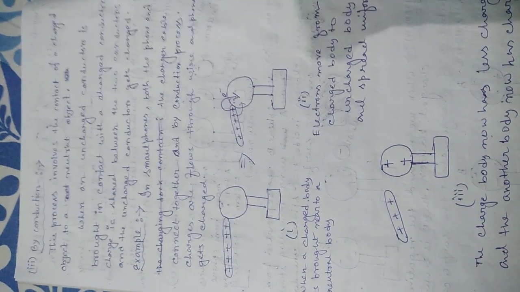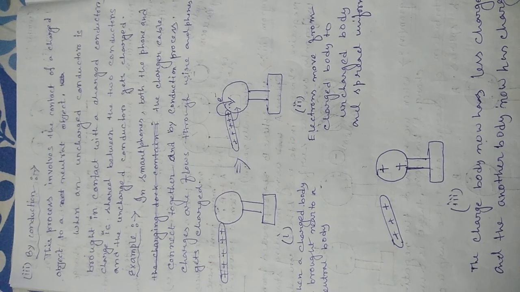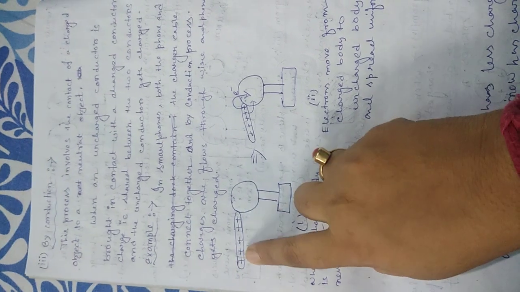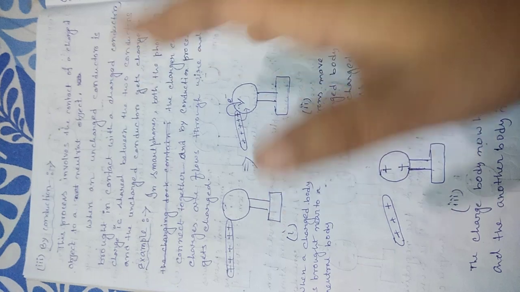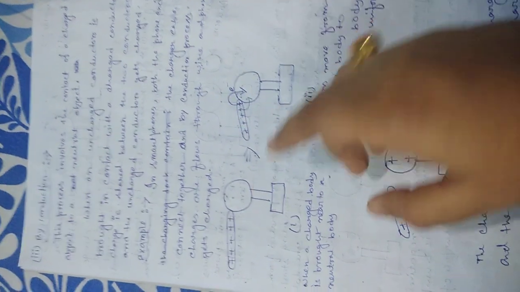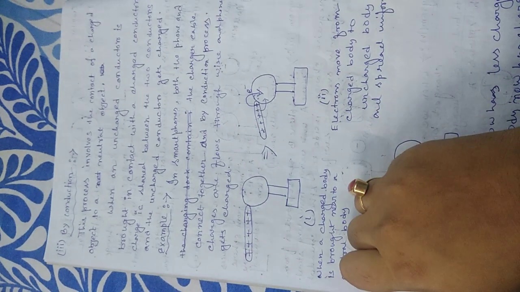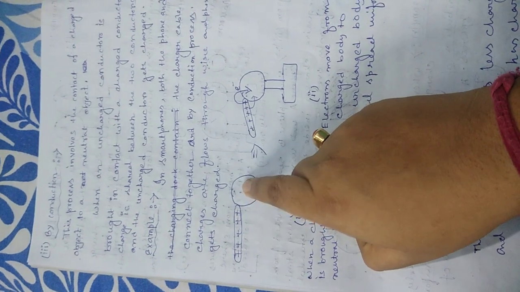When an uncharged conductor is brought in contact with a charged conductor, charge is shared between the two conductors. Suppose this is an uncharged body and this is a positively charged body. When these two are brought in contact, the positive charge moves from here to this uncharged body. That means charges can move from this body to this body, or we can say from higher potential to lower potential. This is the conduction method.